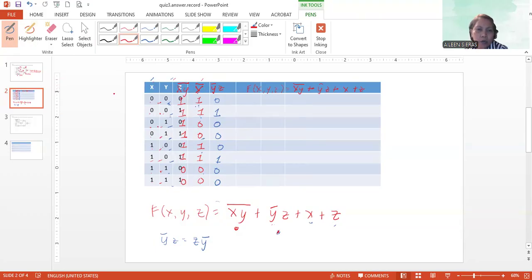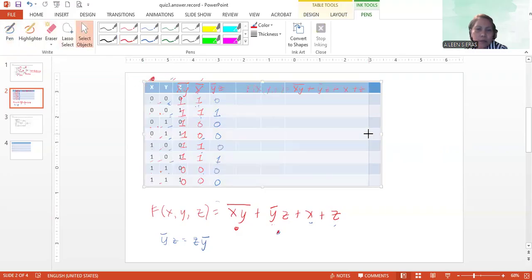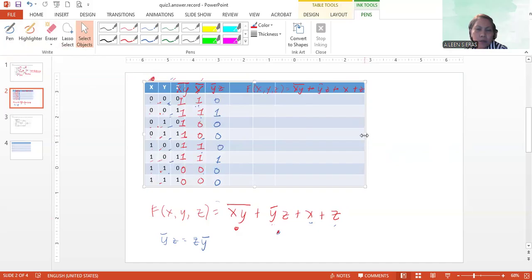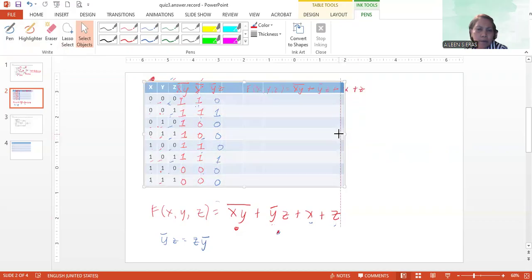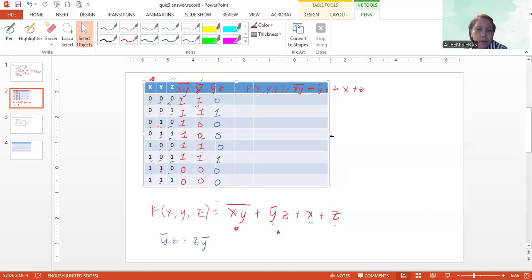So notice here, in this column. Okay. X here, this is the equation x.